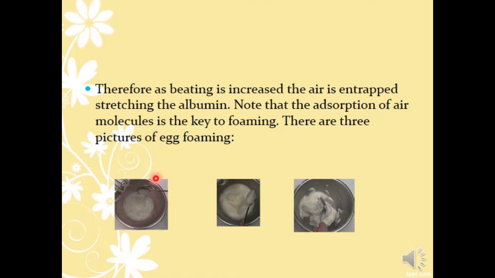This is the egg. First of all, you break the egg inside the bowl, and then you whisk it, and as you increase the whipping process, the air will get more entrapped in the stretching of the albumin, and then you get a lightweight foam material here.